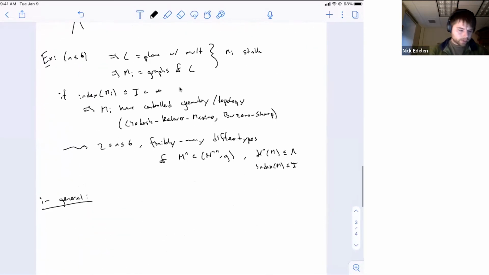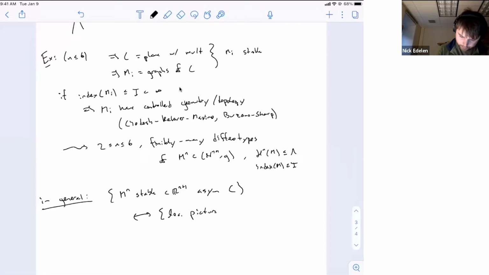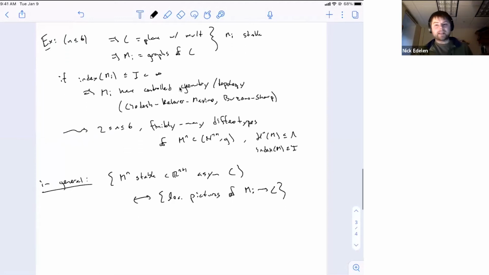And in general, you expect a sort of dictionary between stable minimal hypersurfaces in R^{n+1} which are asymptotic to C, and the local pictures of the M_i converging to C. So you'd expect that if you can classify stable minimal surfaces asymptotic to the cone, you should be able to say something about how surfaces can degenerate to that cone, in a ball.